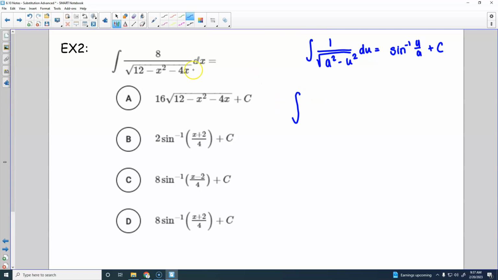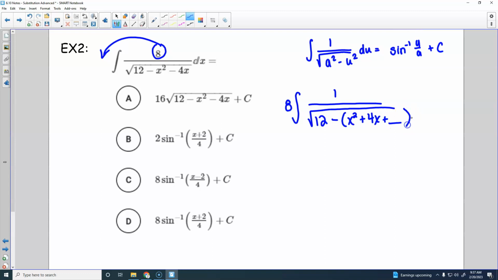I would just take this 8 from the numerator and pull it out front so that it's not an issue. And then I'm going to leave this 12 right here. I'm going to take the negative and factor it out of those last terms. So we're going to have x squared plus 4x plus blank.